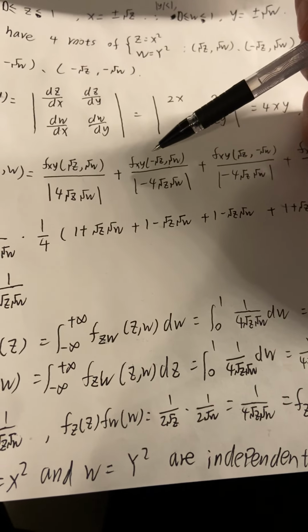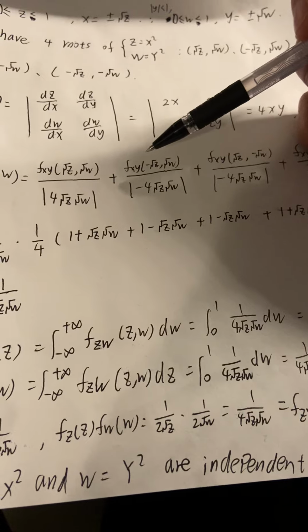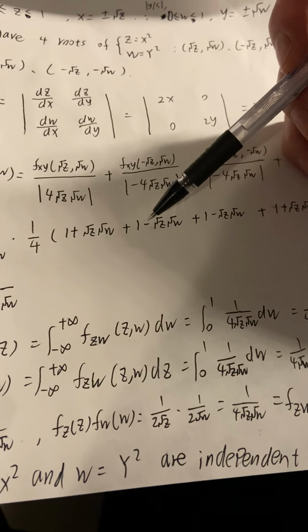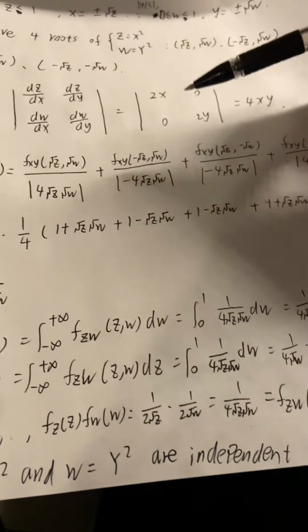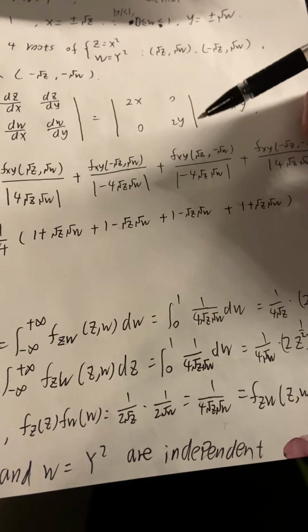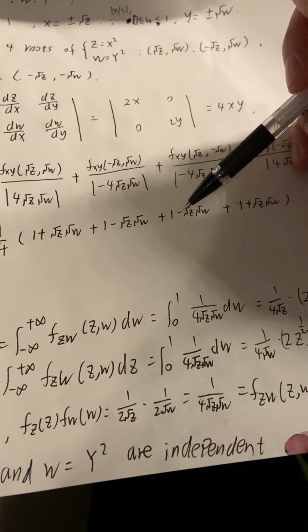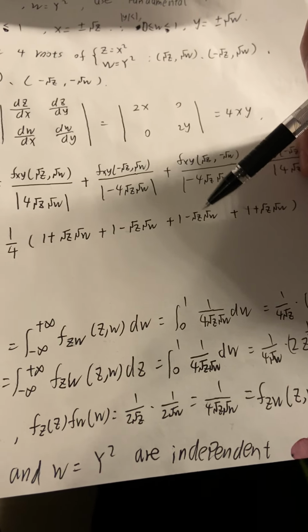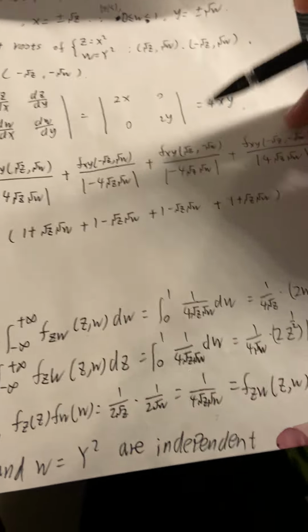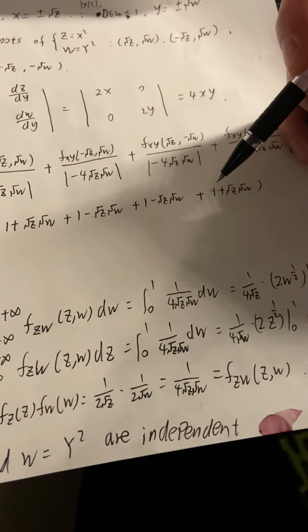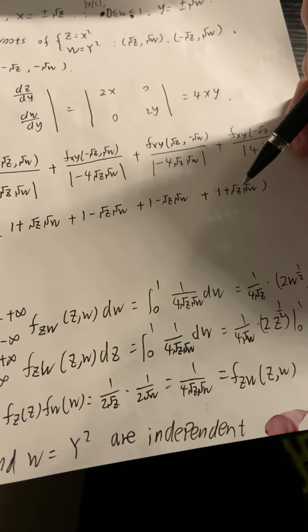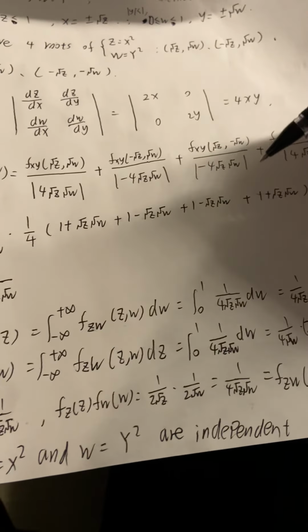For the second root, it will be (1 minus square root of z times square root of w) divided by 4. For the third root, it will be (1 minus square root of z times square root of w) divided by 4. And the last root, it will be (1 plus the square root of z times square root of w) divided by 4.